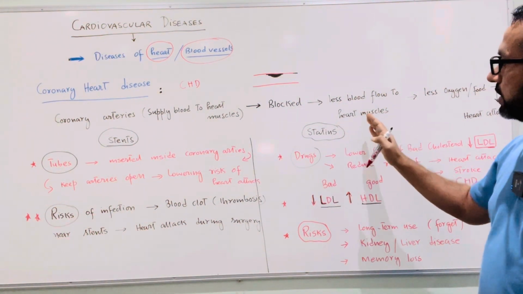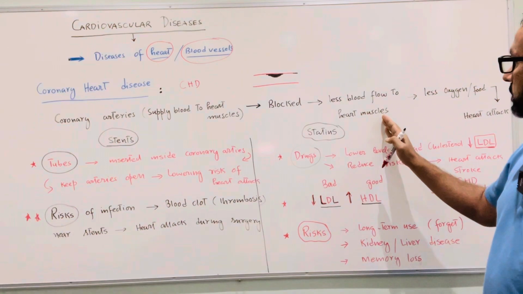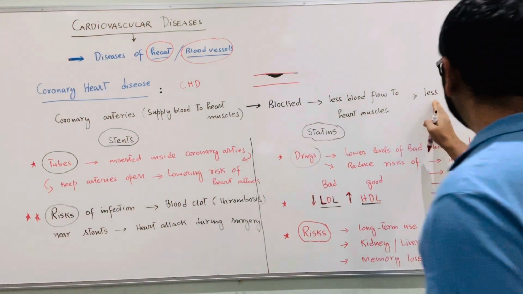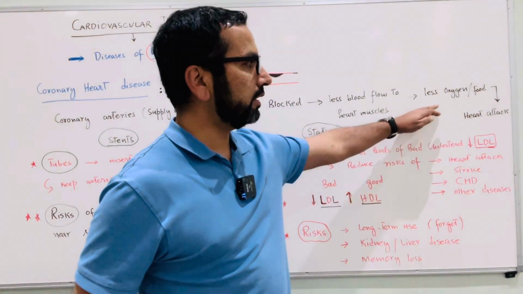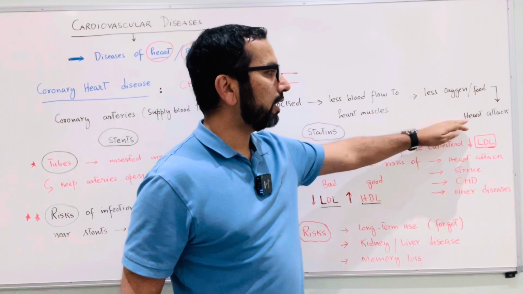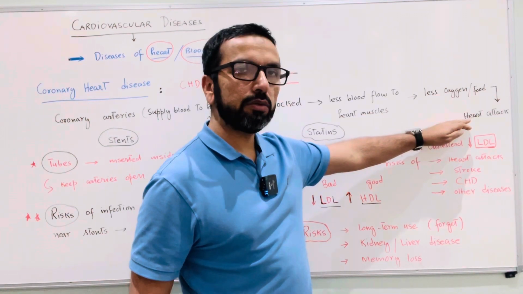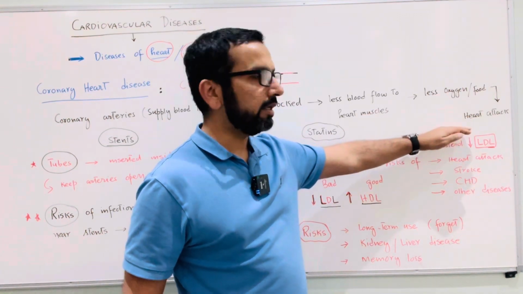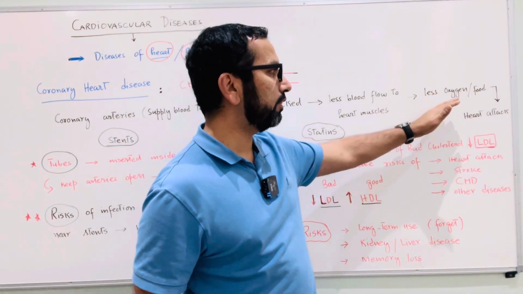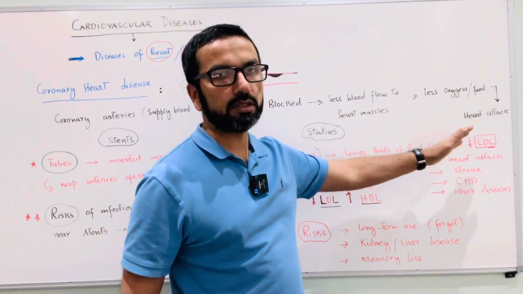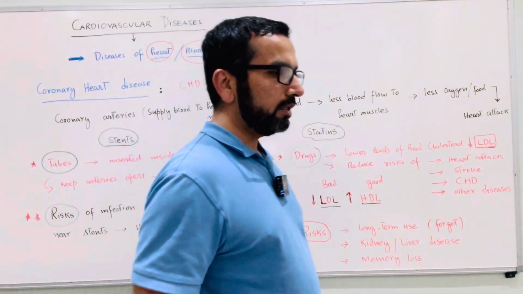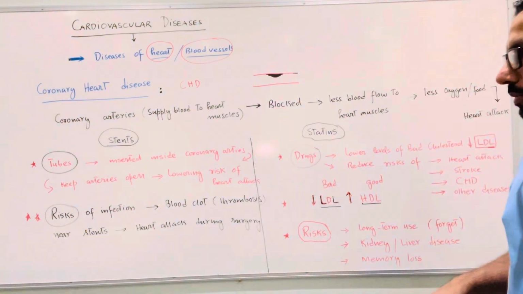As a result, less blood will flow to heart muscles, so the heart muscles will get less oxygen and food, and as a result there can be a heart attack. Again, I am going to repeat.